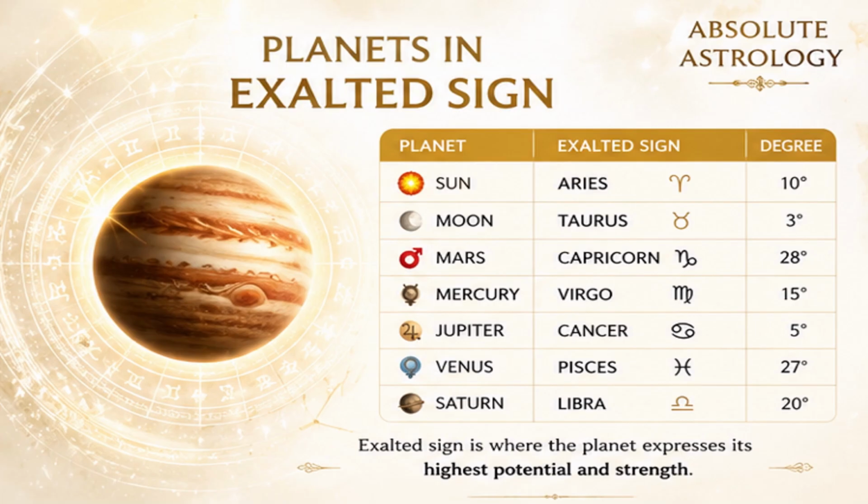So the debilitation will get reduced, or at least the tendency of the planet is going to change. In the same way, Mercury is exalted in Virgo, so the aspect from Virgo to the debilitated planet will change its effect.